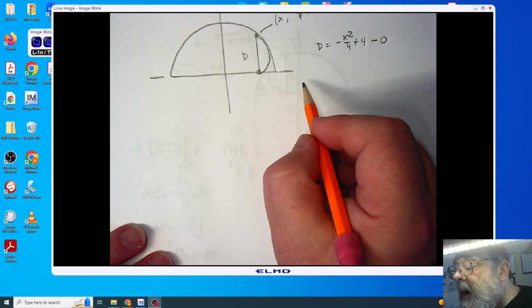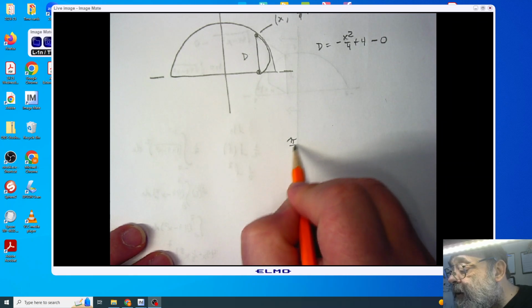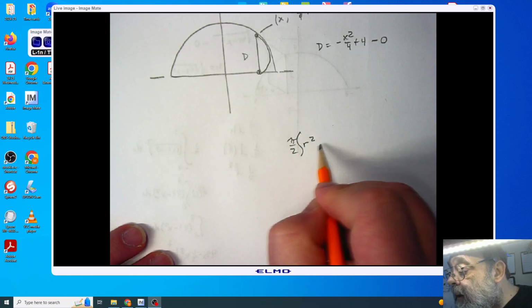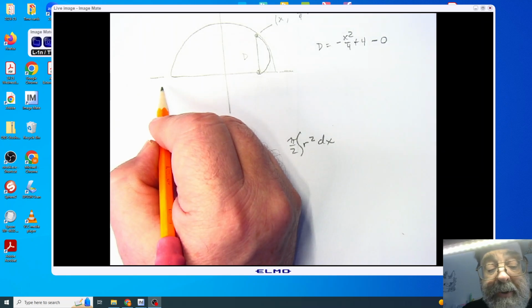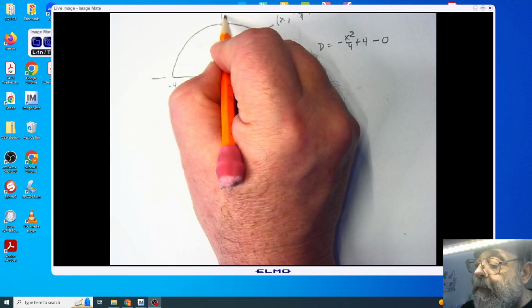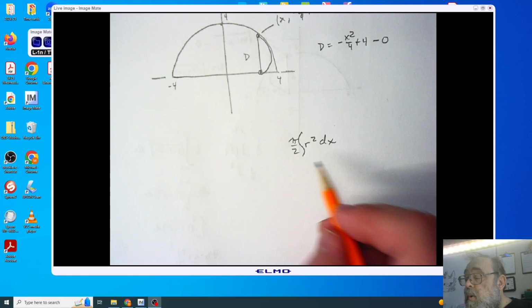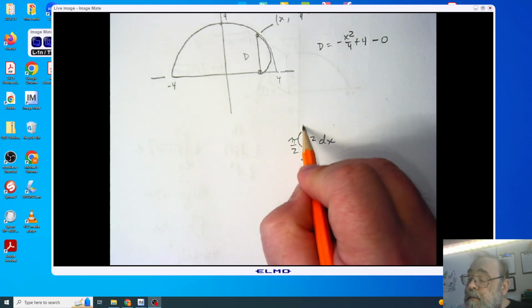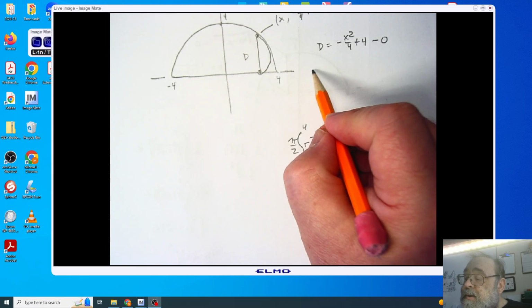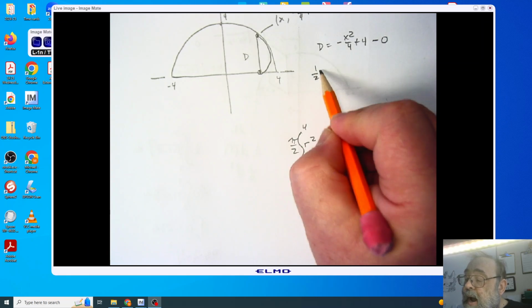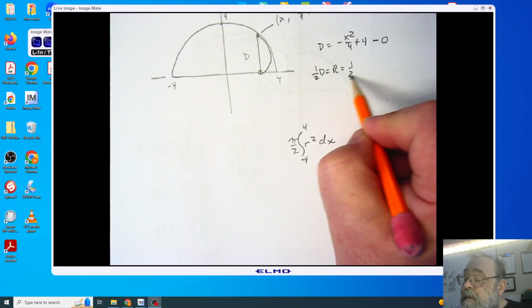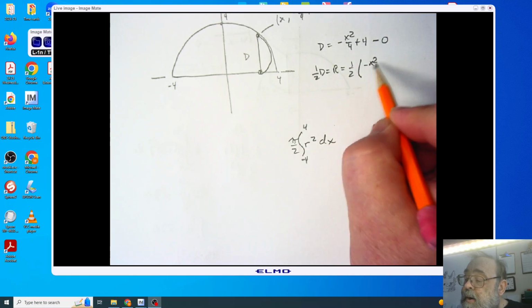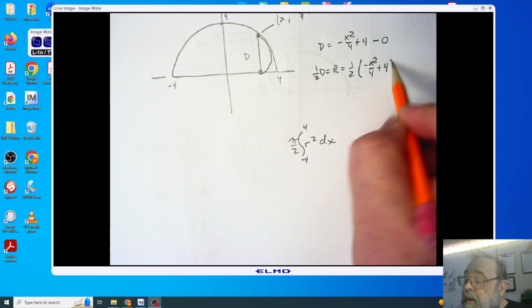Since I really want my radius to go into the formula of pi over 2 r squared dx, and this will be from negative, let's just check this, negative 4 to 4. Y-intercept is also 4. So I'm going from negative 4 to 4. My radius has to be half the diameter. So half the diameter equals the radius, and that has to be 1/2 of negative x squared over 4 plus 4.